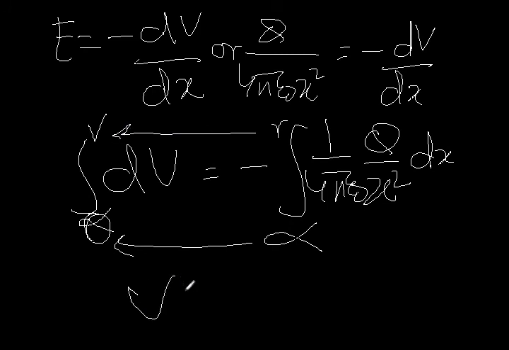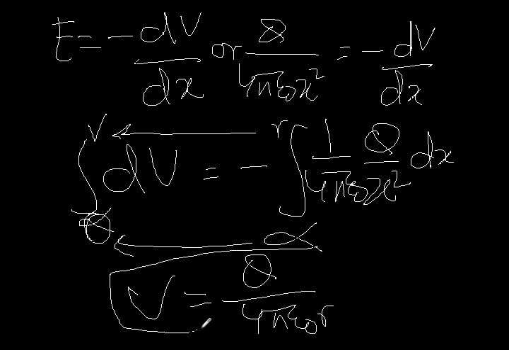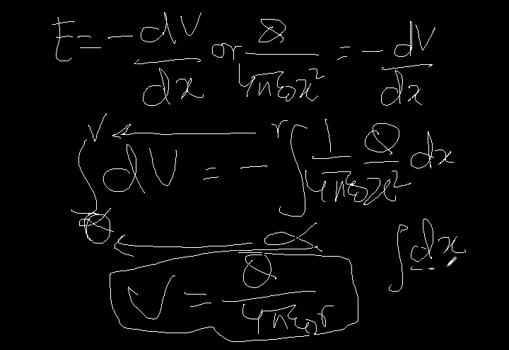So this results in Q by 4 pi epsilon 0 R. Why this becomes positive is the fact that integration of dx by x squared is nothing but minus 1 by x, so this minus and this minus become positive.